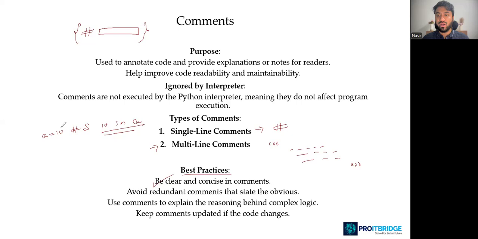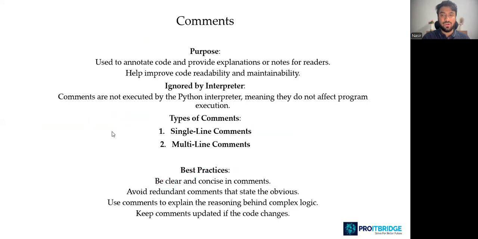This is useless. I already know what is happening here. Maybe if there is a condition for why we are storing 10, that we can mention. So I can say 10 is minimum age, where age equals 10. This kind of comment is acceptable, but unnecessary comments are not best practice.